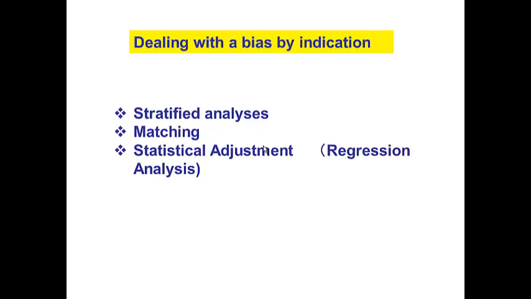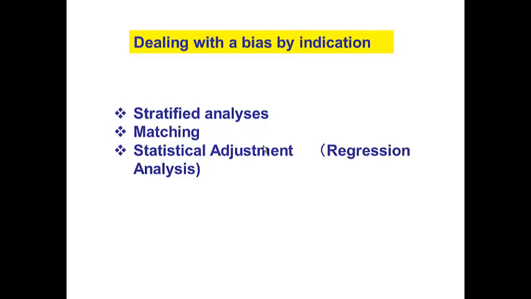A typical method to control for confounding is stratified analysis. So you divide the data set into, for example, patients with history of CAD, and then everybody has a history of CAD, therefore it cannot confound your study result.